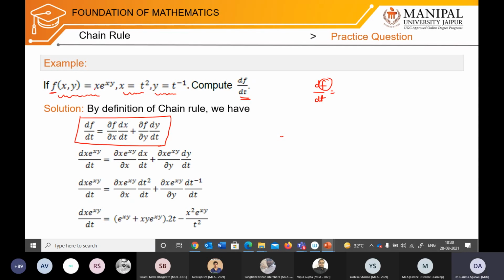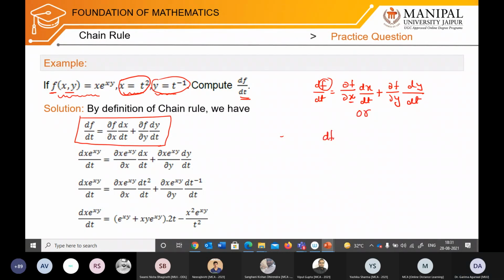F is a function of x and y. That means I can partially differentiate f with respect to x and y. Then here it is x, right? Now go to x. X is a function of t only. That means we can differentiate it with respect to t. Plus, similarly y is a function of t, so I can differentiate it with respect to t, right?